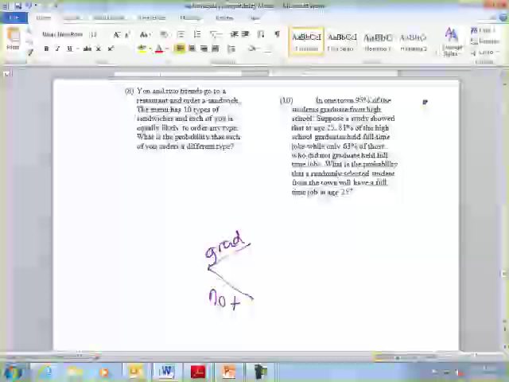So what percentage of the population in this town graduates? 95% graduate. So 5% of the students do not graduate. Our next breakdown of the population is going to be job or not.